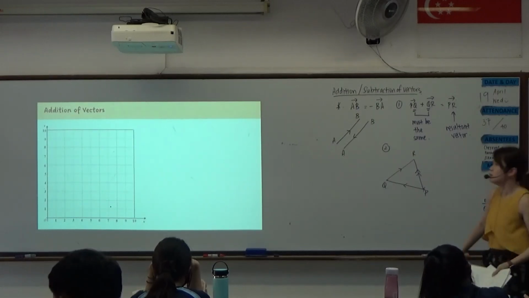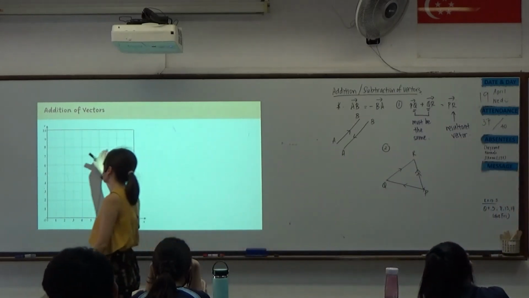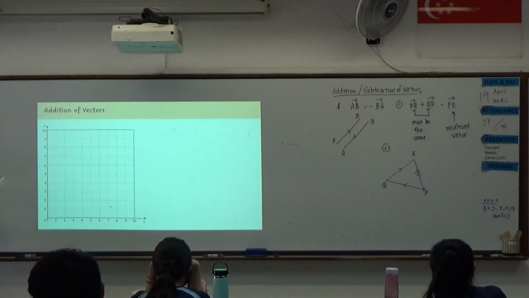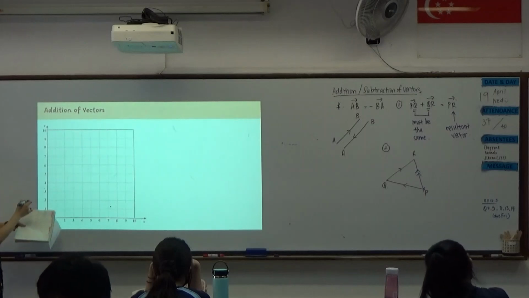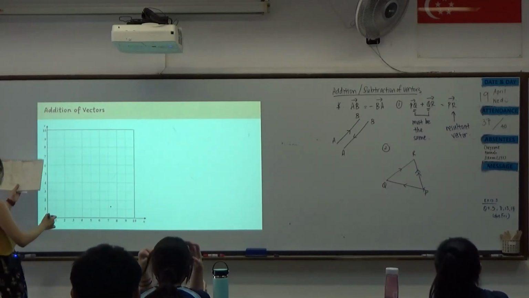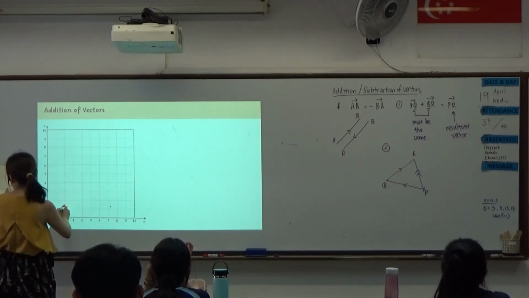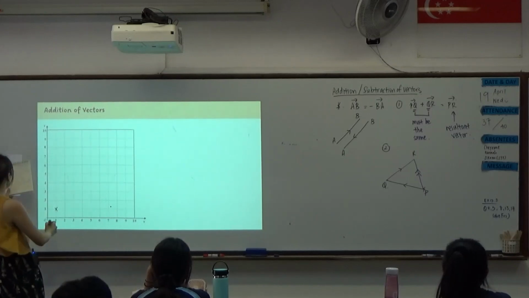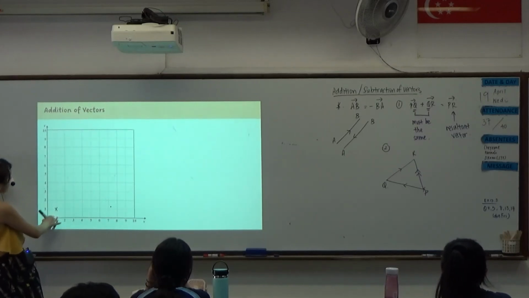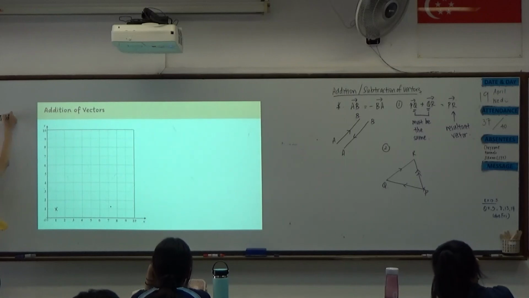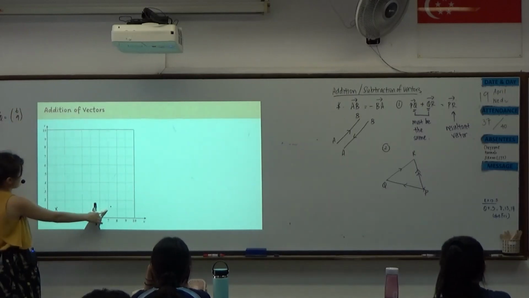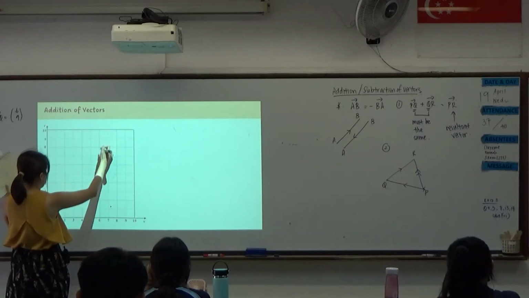I'm just trying to be tidy, that's why I'm using this grid over here. So if I have PQ to actually be 6, 9, so for example, if my P were to start over here, having 6, 9 as my PQ, that means 6 units to the right and 9 units upwards, so we will end over here.